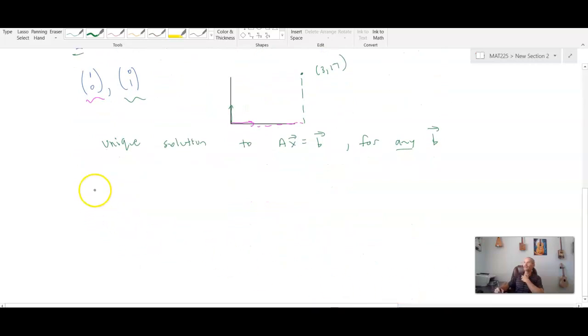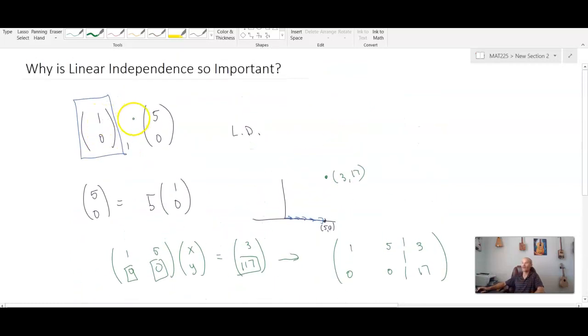But if I change those vectors back to what we had up here, (1, 0) and (5, 0), this system right here, Ax equals b, may have solutions for some vectors b, but the solution is not going to be unique, if you can find a solution.